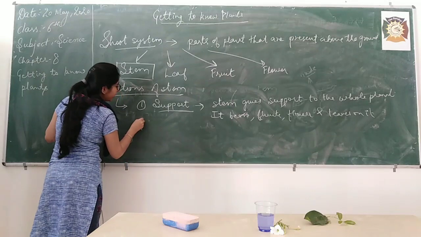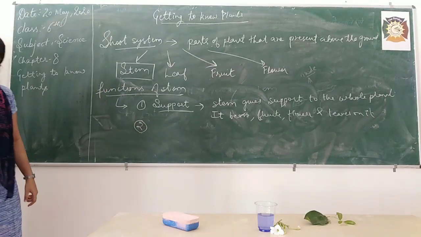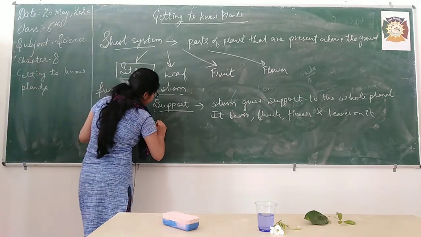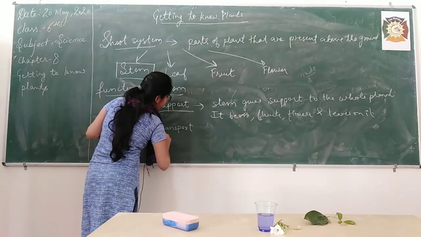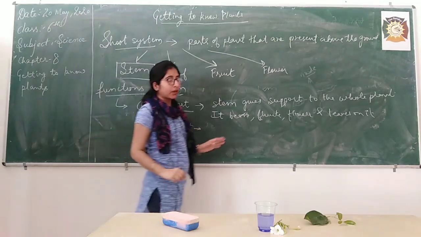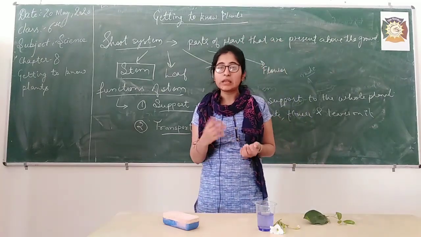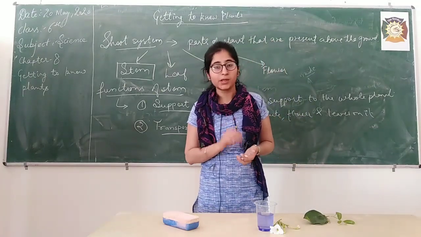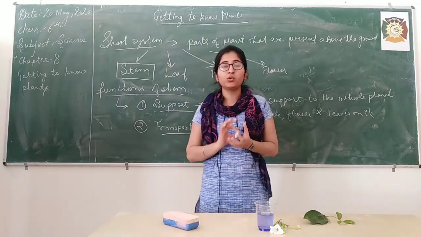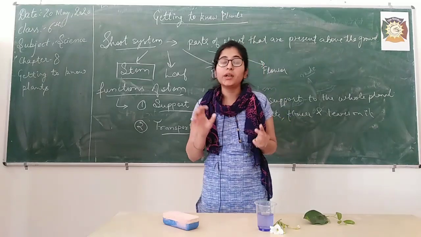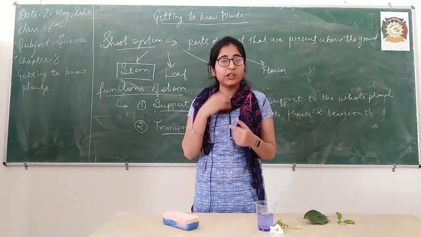The next function of the stem is, which is again a very important function, students, it is transport. Now try to understand this. In the root system, we studied that roots absorb minerals, nutrients and water from the soil, right? Now, when these nutrients and water have come to roots, what will happen next? These nutrients are required by the whole plant, like we eat food, right?